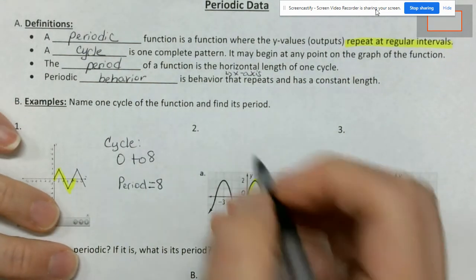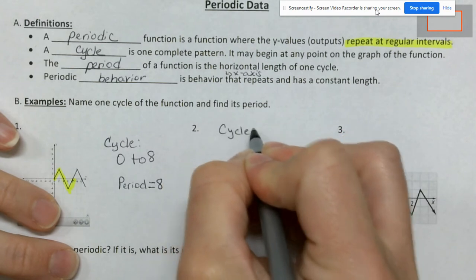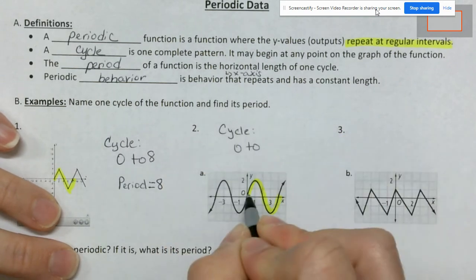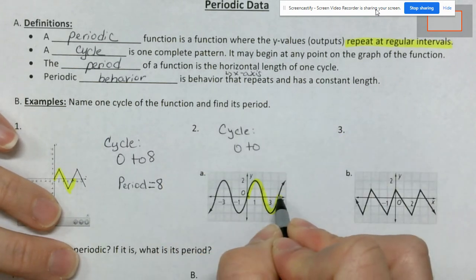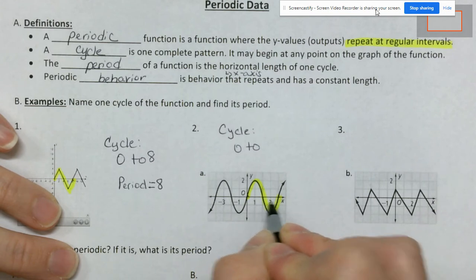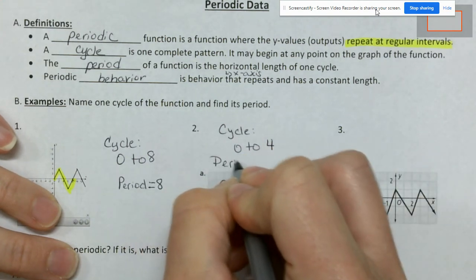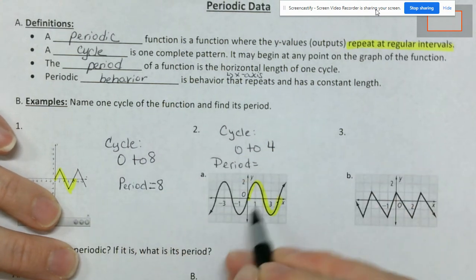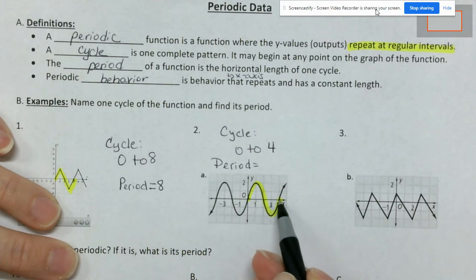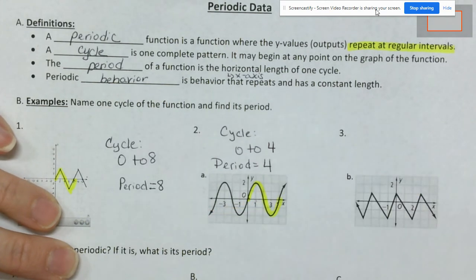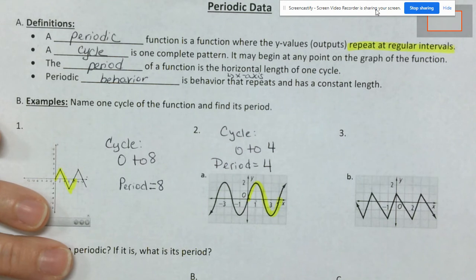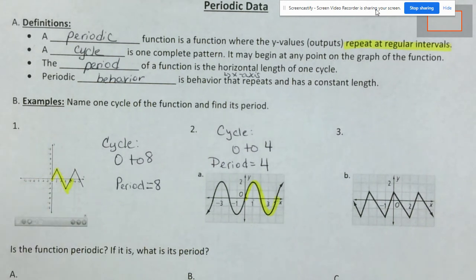Now if we look, that means that cycle is from 0 up to 4. So 0 to 4 is the cycle. And our period here, how long is that cycle? Well, it's 1, 2, 3, 4 units. So our period is 4. Pause the video and try number 3, and then come back and we'll see how you did.